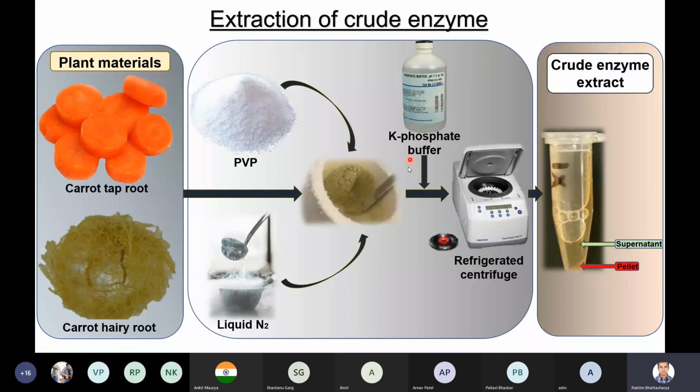It may happen that it is not extracted in the potassium phosphate buffer but is easily extracted in sodium phosphate buffer of pH 7.4. So the buffer is very important, and the best way to check that the extraction buffer is working properly is to check the protein content of the crude extract. And how to do that?